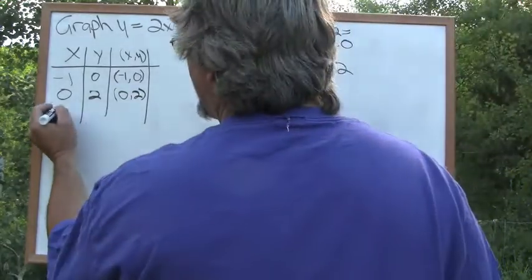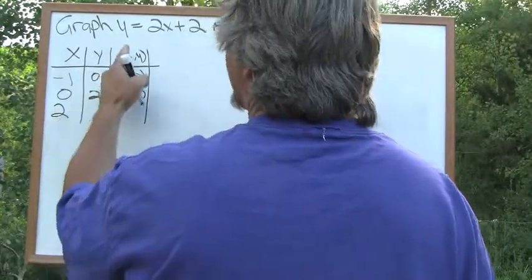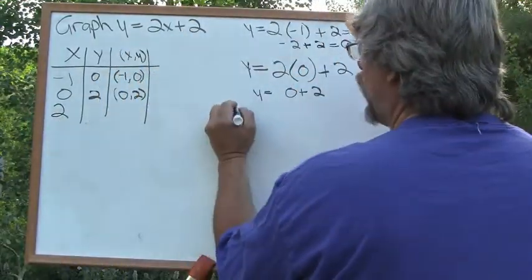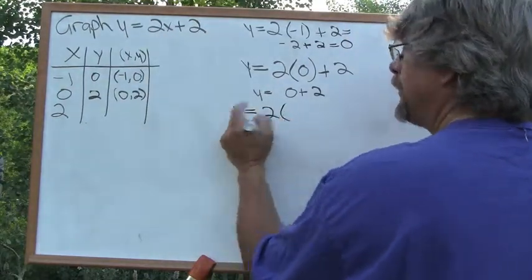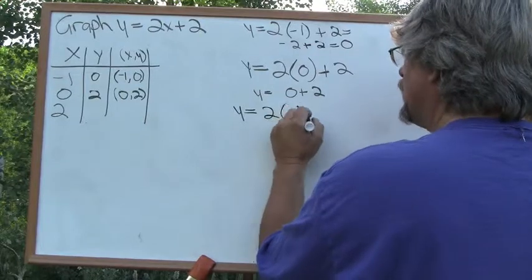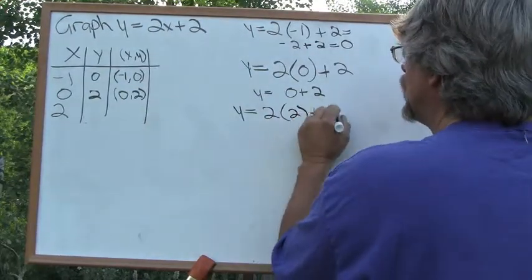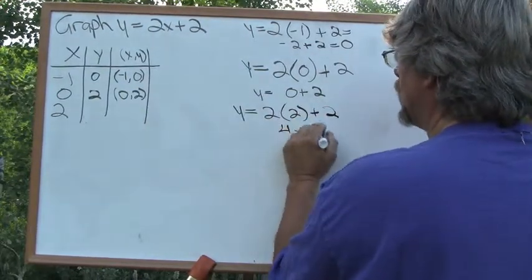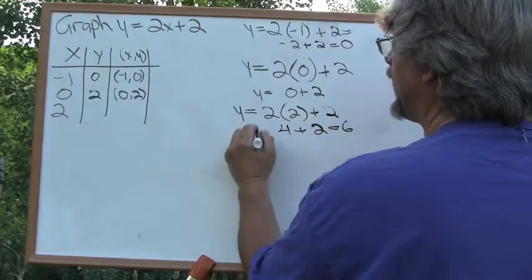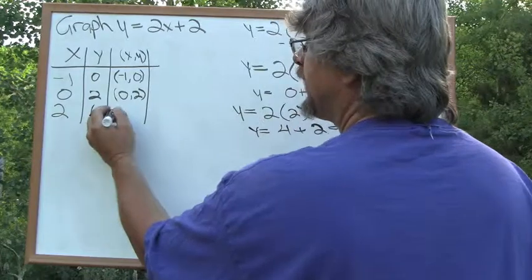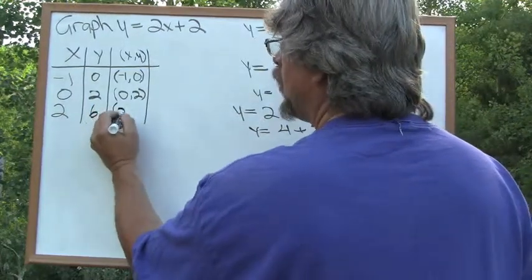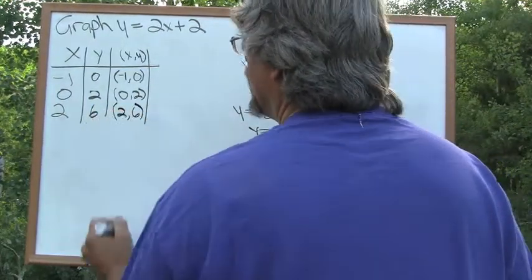When we choose the number 2 for x, y equals 2 times 2 plus 2. This is 4 plus 2, so y equals 6. When x is 2, y is 6, and there's our third coordinate point, 2 and 6.